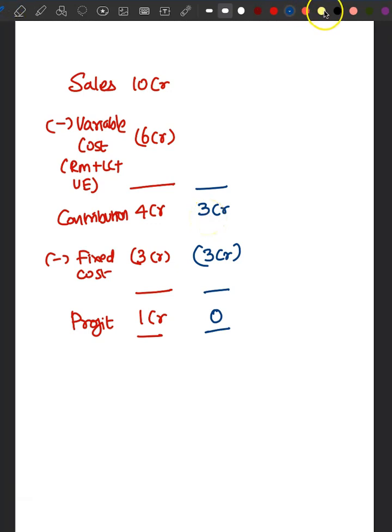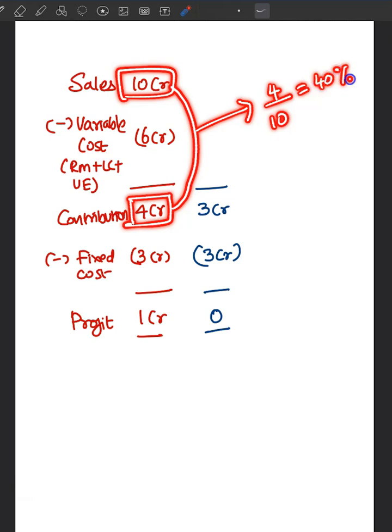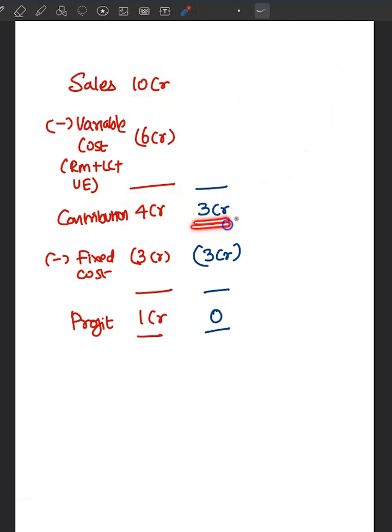For that, a simple knowledge is sufficient. We know when sales is 10 crore, contribution is 4 crore. So find out the relationship between these two. That is 4 on 10, which works out to 40%. So the 40% of the sales only will give the contribution. It means this 3 crore is 40% of break-even sales.